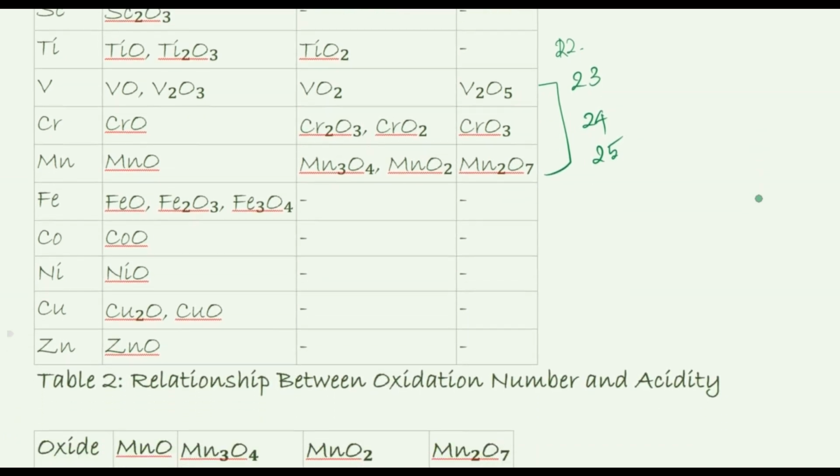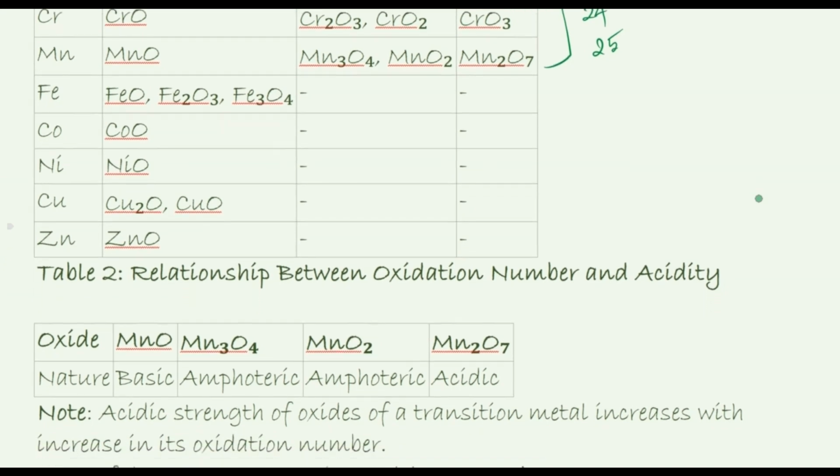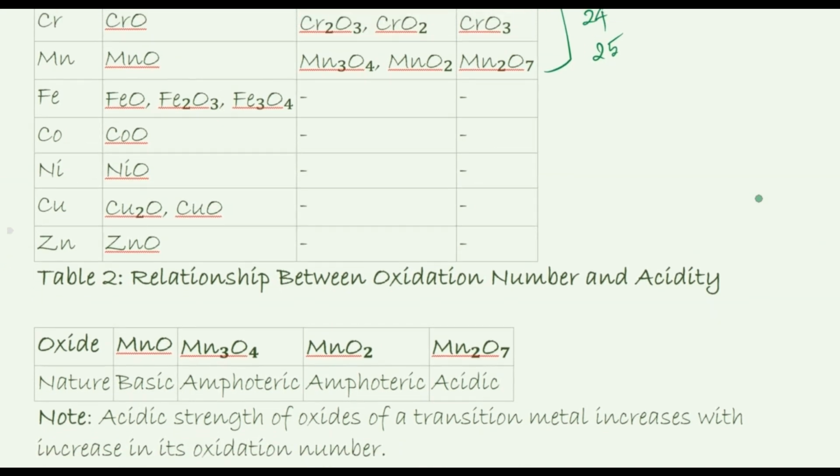Then the relationship between oxidation number and acidity. The most important question can be asked from manganese, because manganese can form varying oxidation states, starting from +2, it can form up to +7 also.